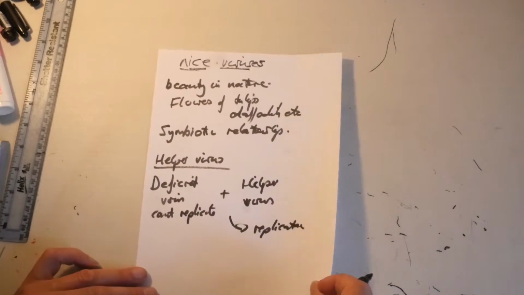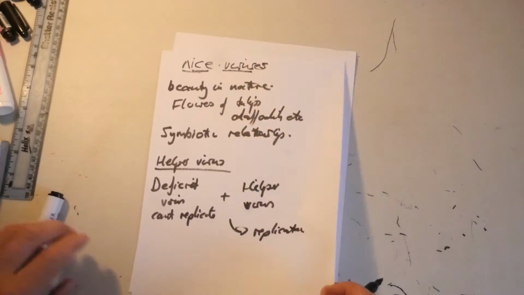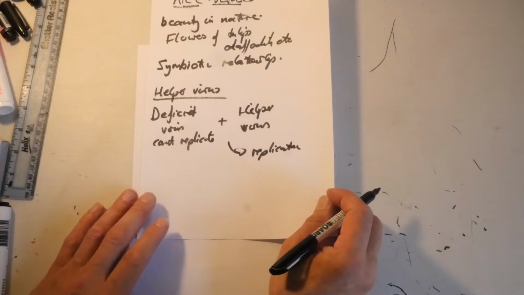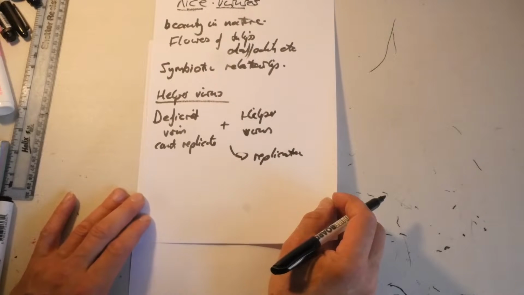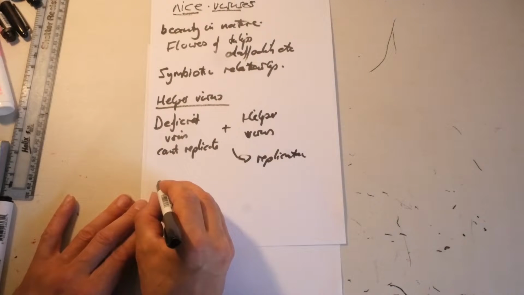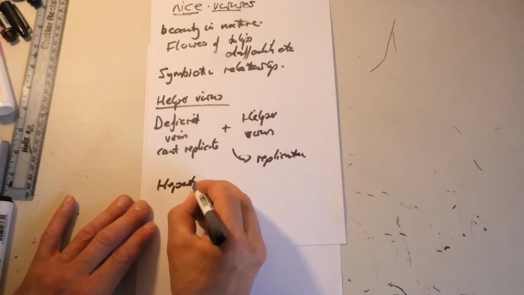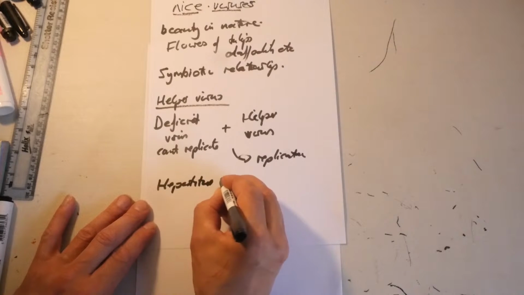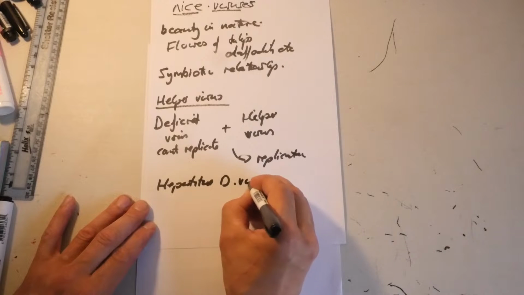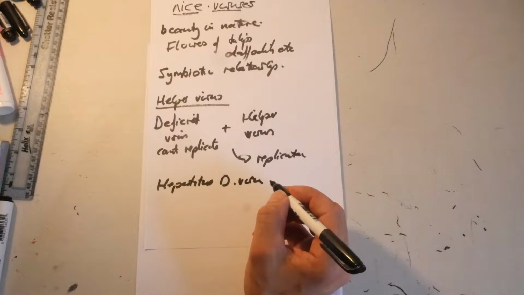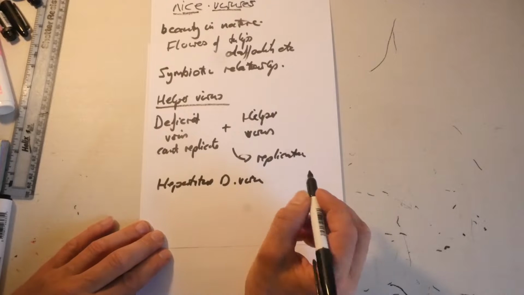So it's not one that we normally hear about, but examples of this are actually the hepatitis D virus, which needs hepatitis B virus.